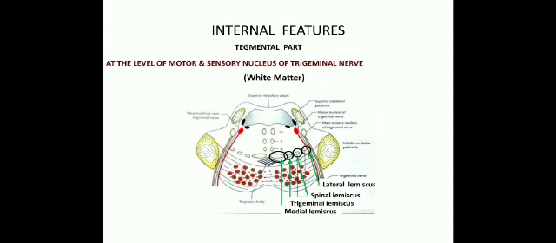The lateral lemniscus is part of the auditory pathway. It consists of the fibers arising in the nuclei lying in close relation to the trapezoid body.